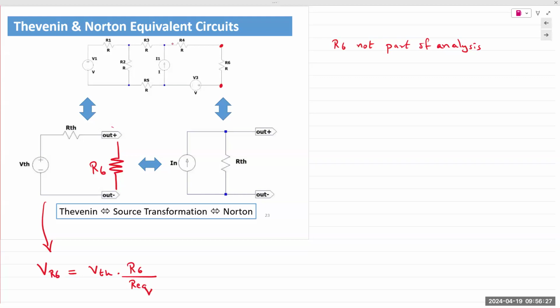If the value of all of these components in the circuit remain exactly as they are, which of course they would, then the value of the voltage and the resistance in that equivalent circuit do not change. They remain the same irrespective of what the value for R6 is. Again, we are analyzing the entire circuit outside of R6.